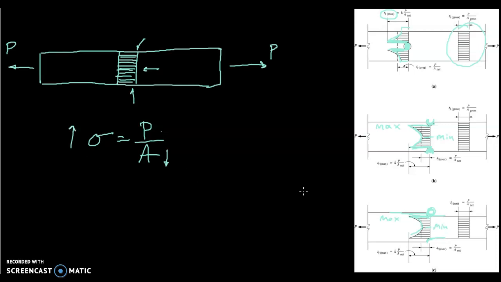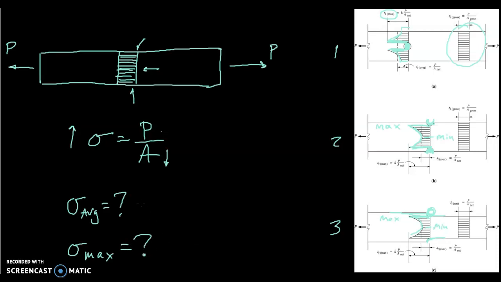So when we have one of these 1, 2, 3 situations where we have either a hole drilled into it, grooves, or a reduction in cross-section with fillets, we want to know what is the new average stress and what is the new maximum stress.